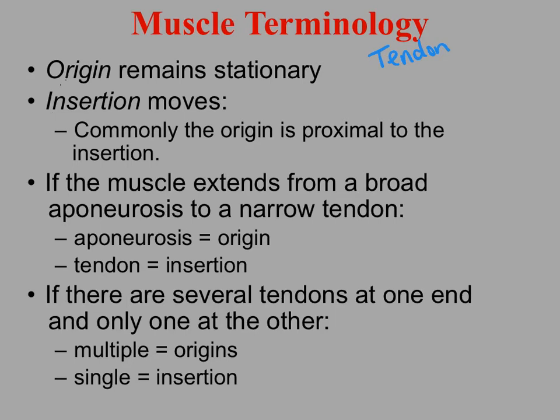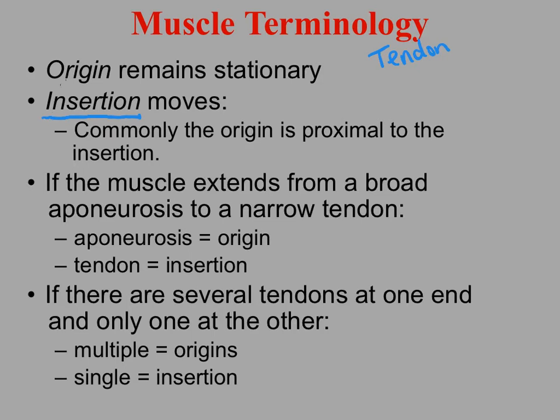It's the radius and the ulna that are moving. So that's where the biceps brachii inserts, because that's the bone that's moving. The origin of the biceps brachii is on the scapula. So extend your arm again. Make sure your left arm is on your shoulder and bend at the elbow, flex at the elbow.